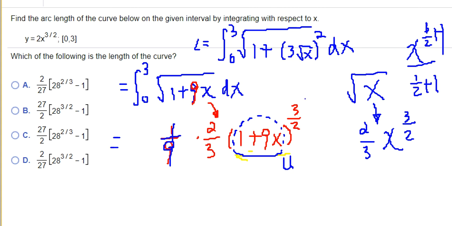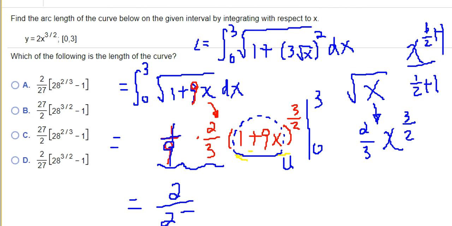And so this is the antiderivative, and I'm going to evaluate from 0 to 3. The constant gives me 2/27. When I plug in 3, I have 1 plus 9 times 3, which is 27, so I get 28, raised to the power 3 half.